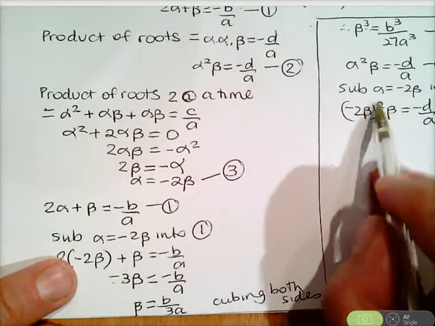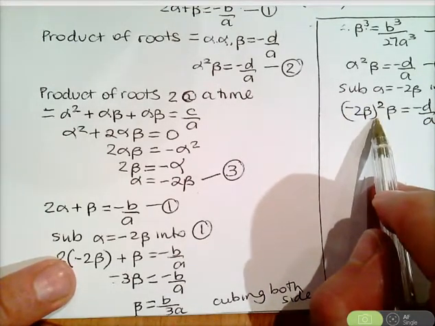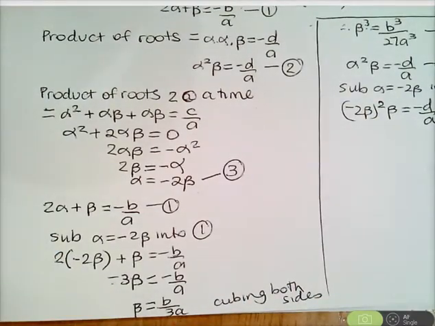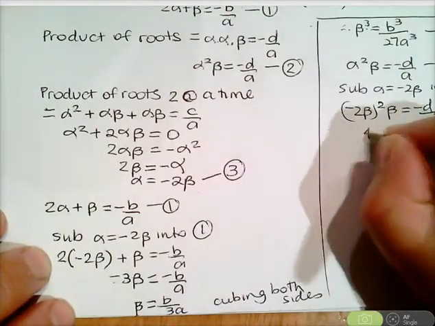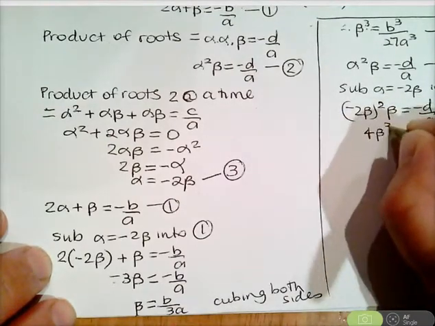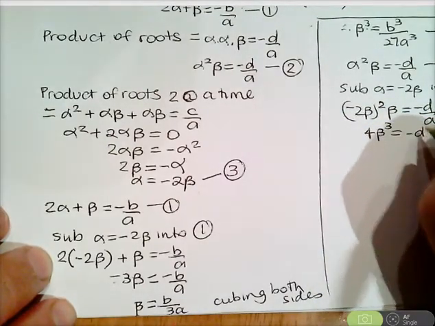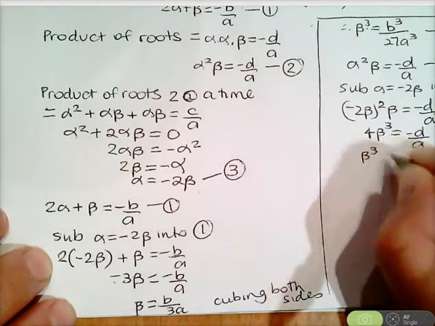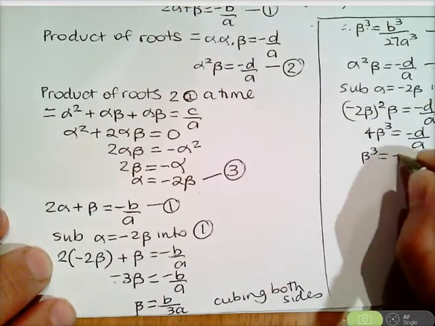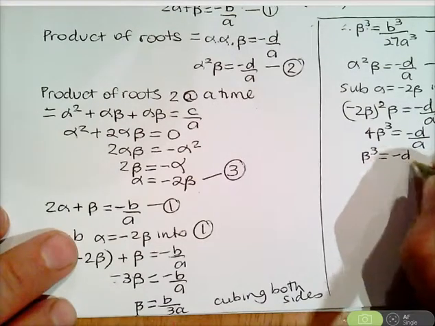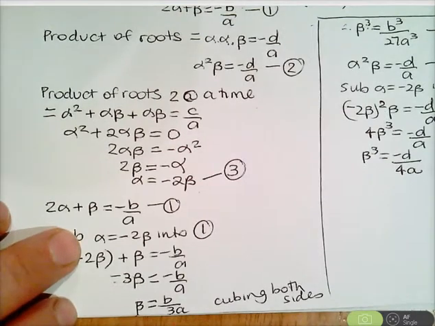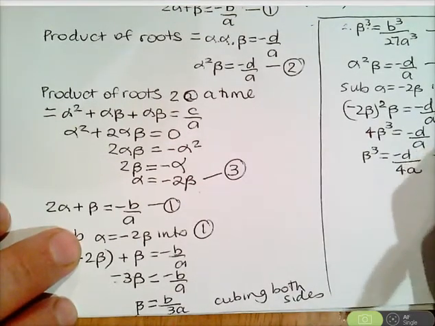That gives 4 beta squared times beta, which is 4 beta cubed, is minus d over a, or beta cubed is minus d over 4a. I'm going to call this equation 5.